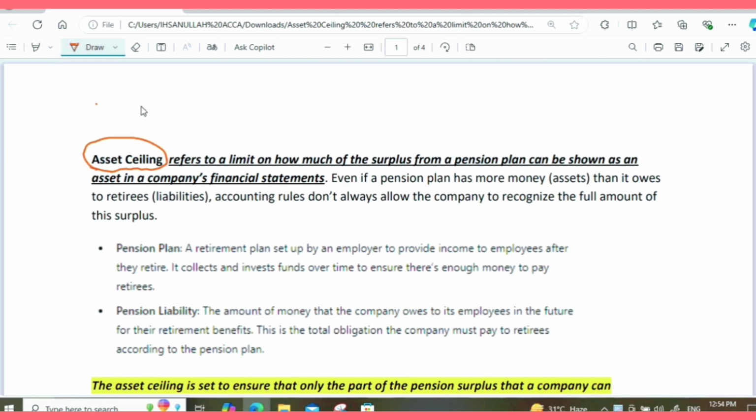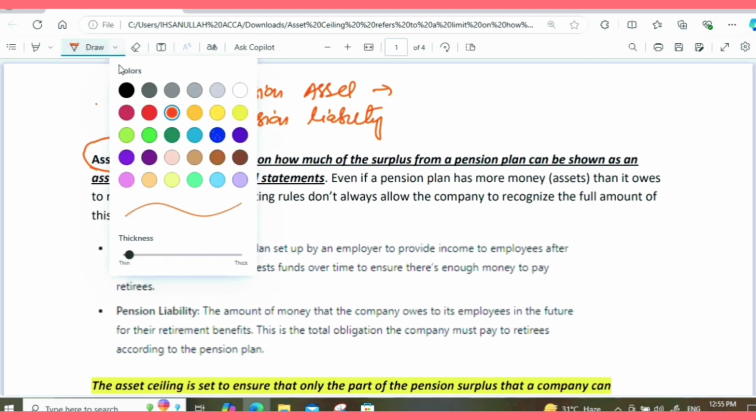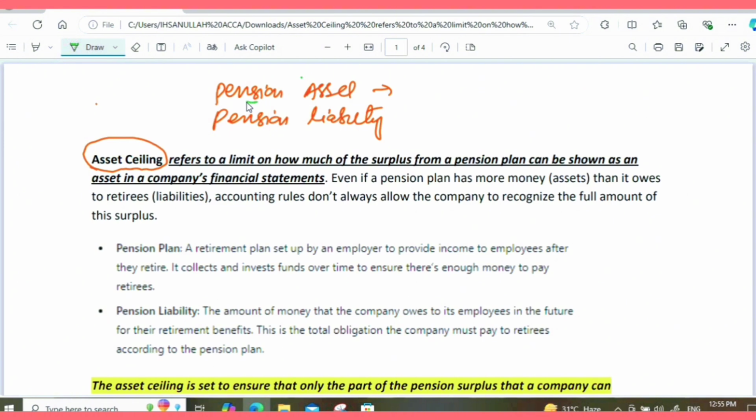But before discussing this, we need to understand two main concepts, and that is called pension asset and pension liability. So before discussing the asset ceiling, we should understand what we mean by the pension asset.